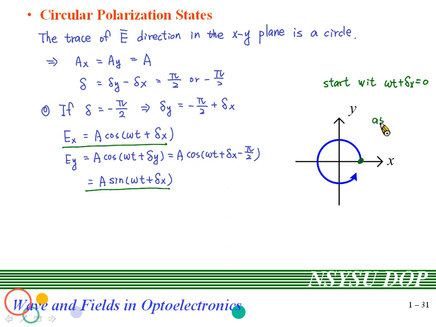And as time increases, this term will increase positively, so the Ex component will be reduced and the Ey component will increase positively. So as time increases, the trace of the E direction will follow the green dots here. So you can see that as time increases, the trace of the E field will form a circle in the counterclockwise direction.